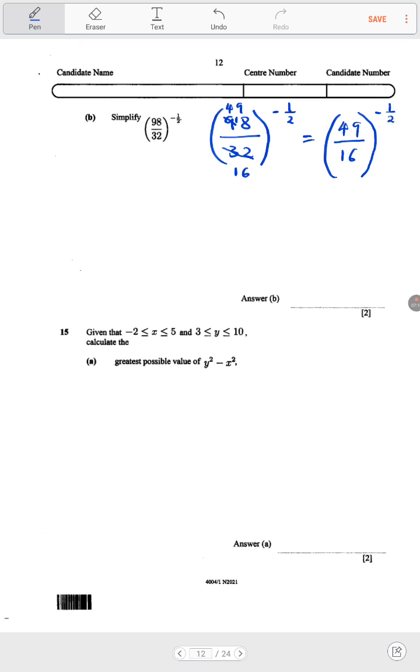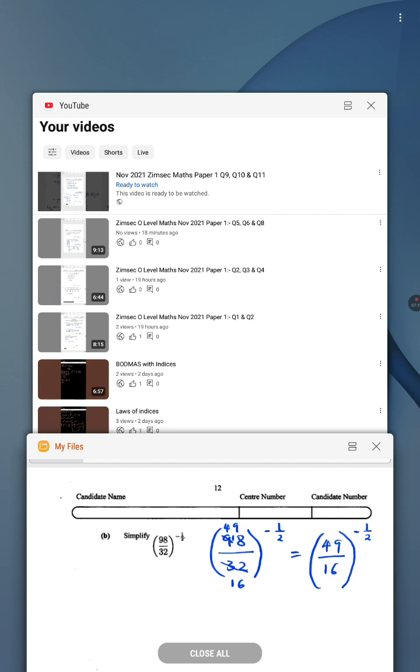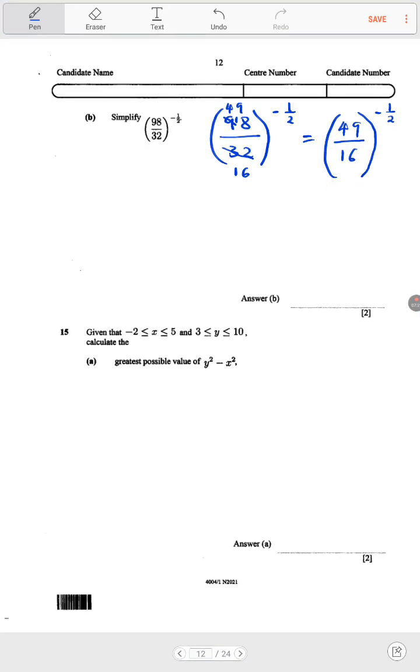So the reciprocal of 49 over 16 is 16 over 49. So we can change this one, and we have 16 over 49, and then we drop the negative sign on the power, which is equal to the power half now.